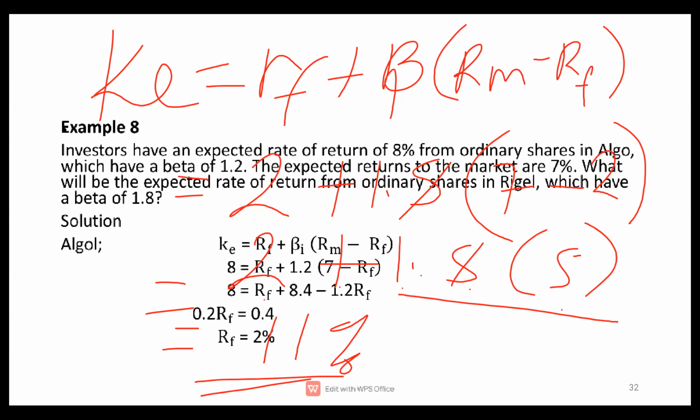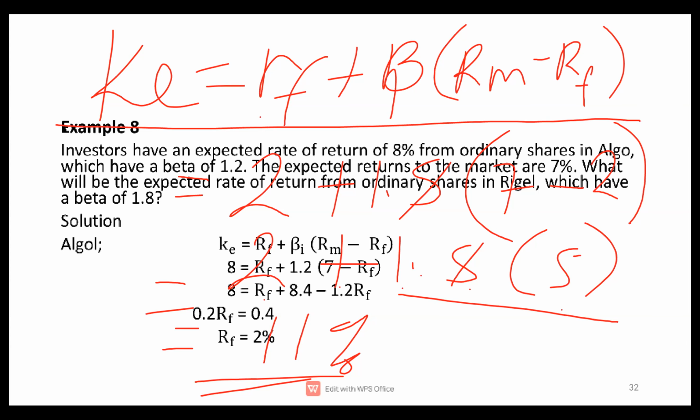Any question from anyone? Sir, sorry, my network was bad. May you repeat from when you started finding the cost of equity? After finding the risk-free rate of 2%, how did you find it? Okay, so we are using the same formula for the capital asset pricing model.